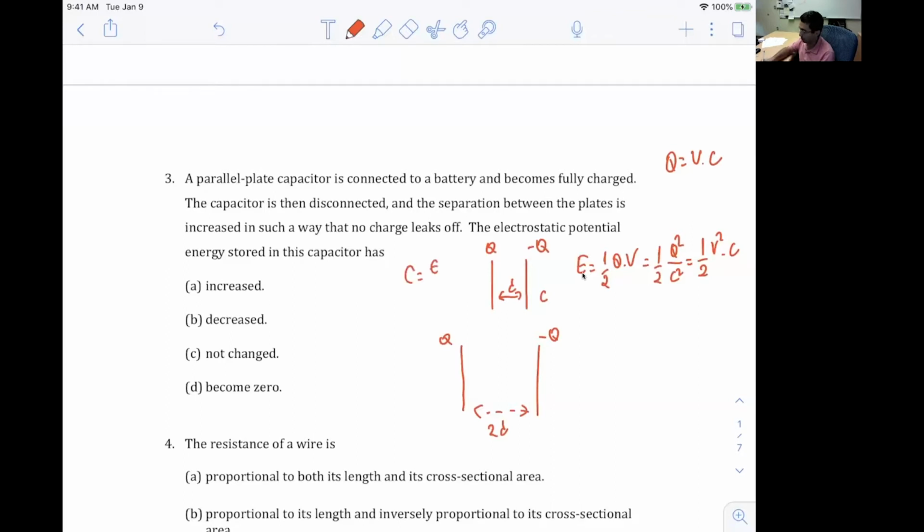Capacitance equals epsilon naught A divided by d, right? For the second one, say you make it 2d, the capacitance is going to be half of the initial one. If you call it C, it's going to be half of it. So then you know the Q doesn't change, so you can use this equation. Oh, sorry, this is not going to be C squared. It's going to be just C.